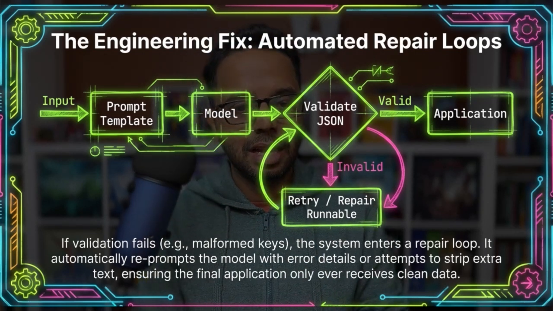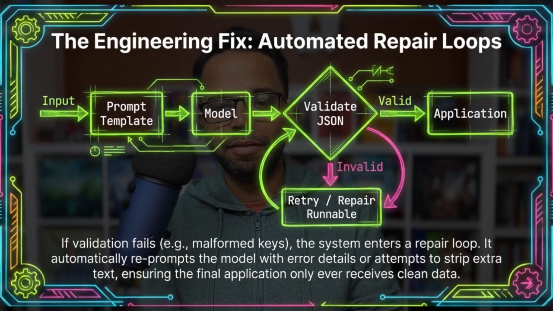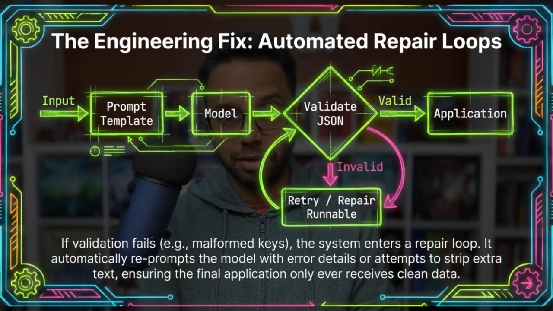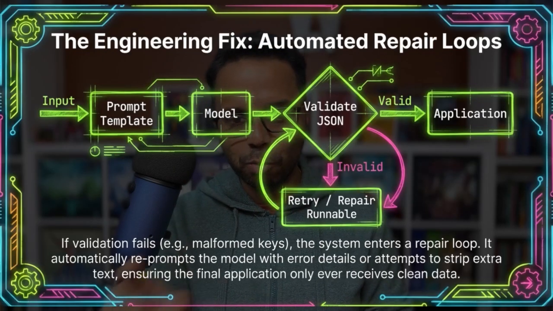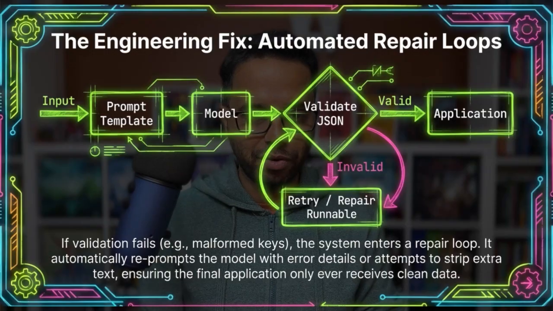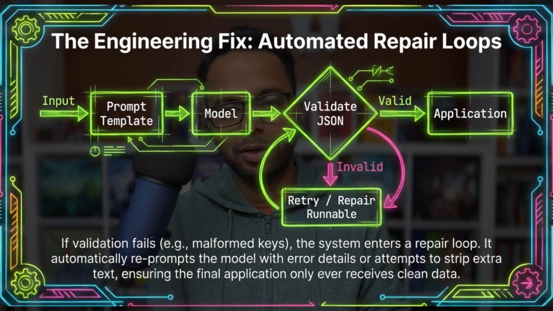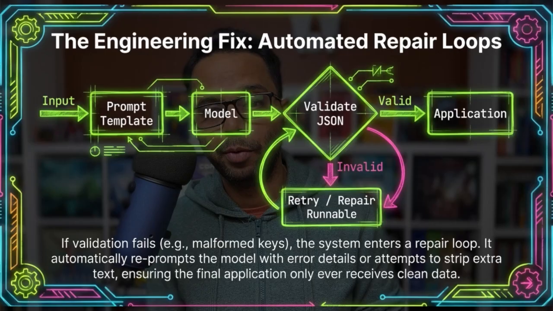Now the model understands this prompt template and creates a valid JSON. At least the model believes that it has created a valid JSON, but then there is a loop that I can have which can retry or repair through the runnable that I was talking about, to make sure that the JSON that comes is exactly what we needed from the prompt template that we have provided.